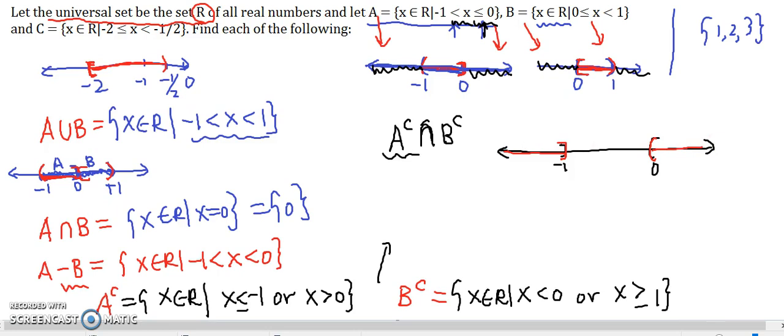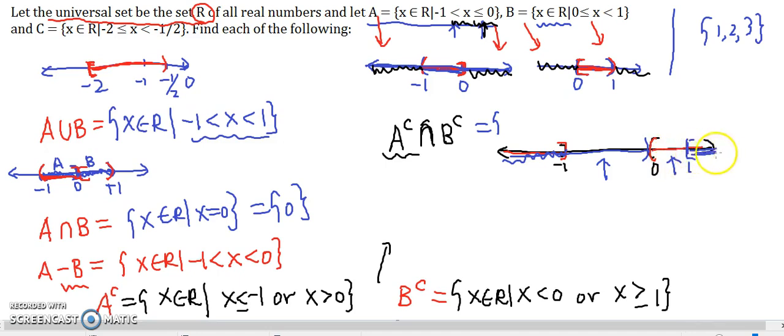Next, I'm going to use blue to describe the complement of B. It's the numbers less than 0, so it's all of these numbers, and or the numbers greater than or equal to 1. We're doing intersection, which means we have to find the numbers that have both colors. Looking at the graph, these numbers here have two colors, red and blue. But these numbers here only have blue, so they're not in both of them. And these numbers only have red, so they're not in both of them.